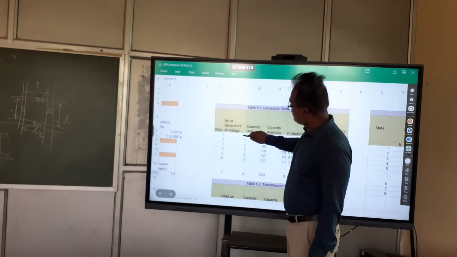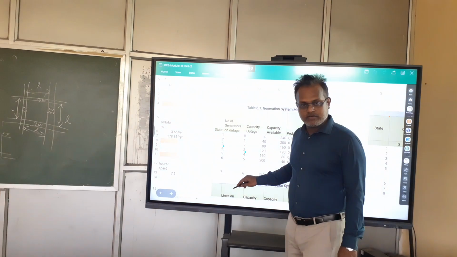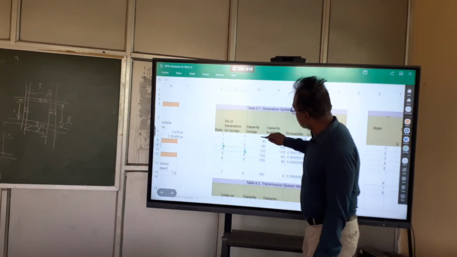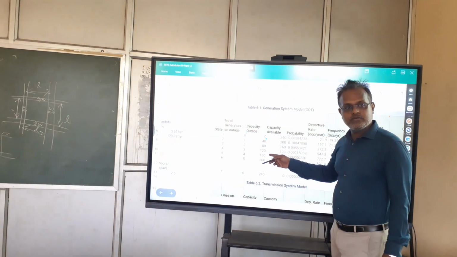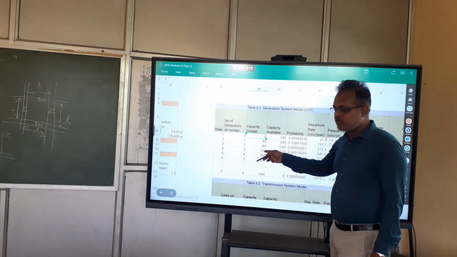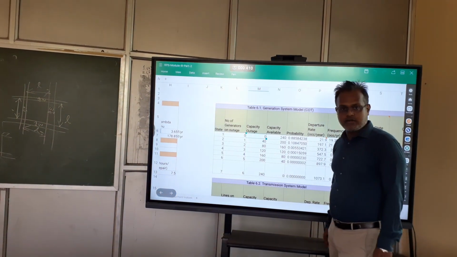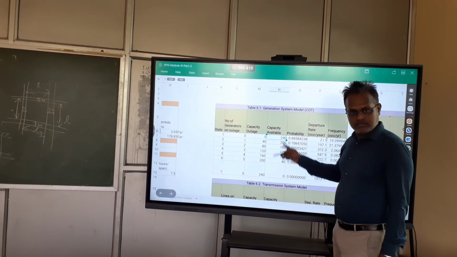So you can have 0 outage, 1 outage, 2 outage, up to 6 outage. When generators are out, the capacity outage depends on the capacity: 1 outage is 40 megawatt, 2 outage is 80, 3 is 40 into 3, 120, 4 is 160, 5 is 200 megawatt, and so on. Then available capacity is total capacity minus outage.